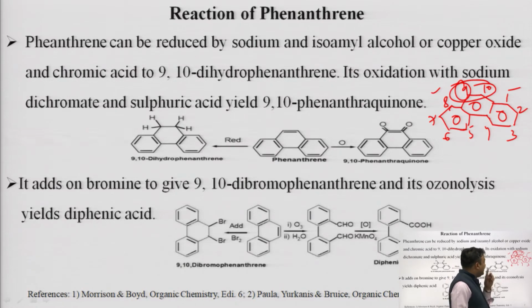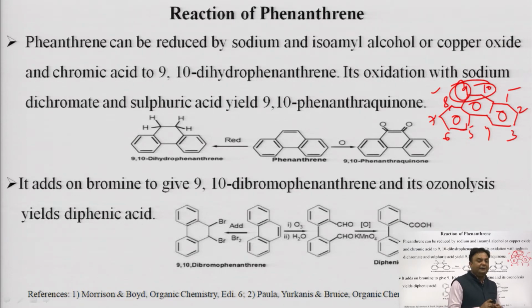We know the mechanism of electrophilic substitution reaction. In the first step, there is generation of the electrophile. In the second step, generation of the intermediate carbocation, and in the third step, removal of the proton from the ring.